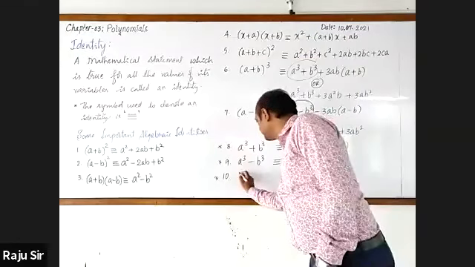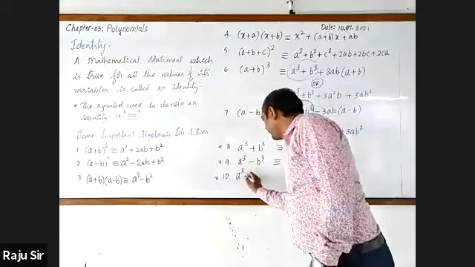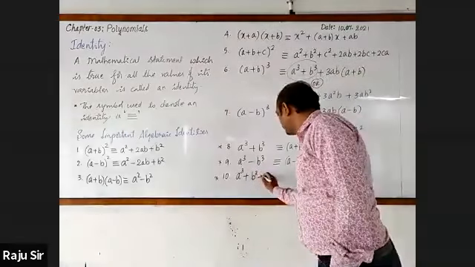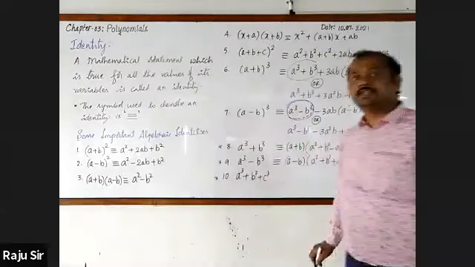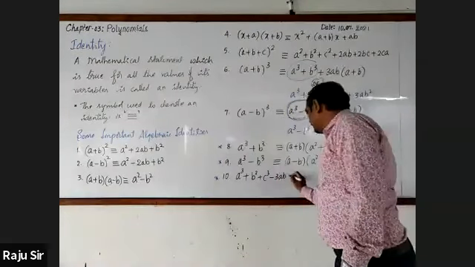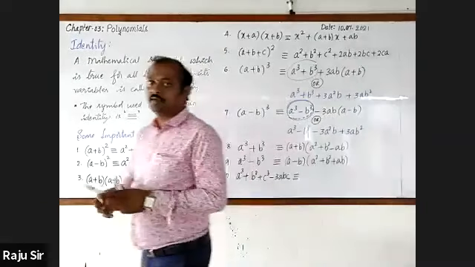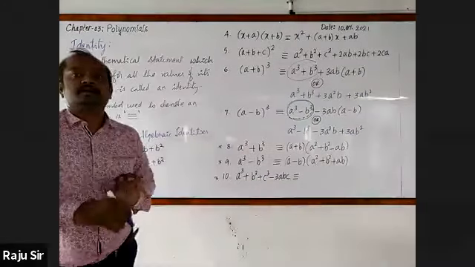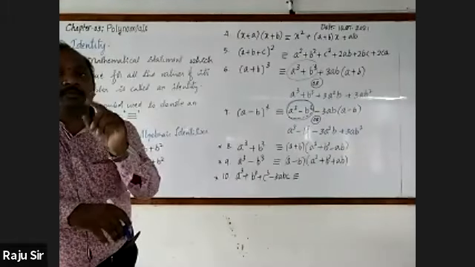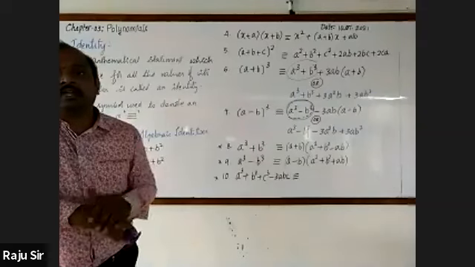It is A cube plus B cube plus C cube minus 3ABC. Dear students, you can tell this identity, but I am going to give you the small hint. Shall I? Or if you know, you can tell.